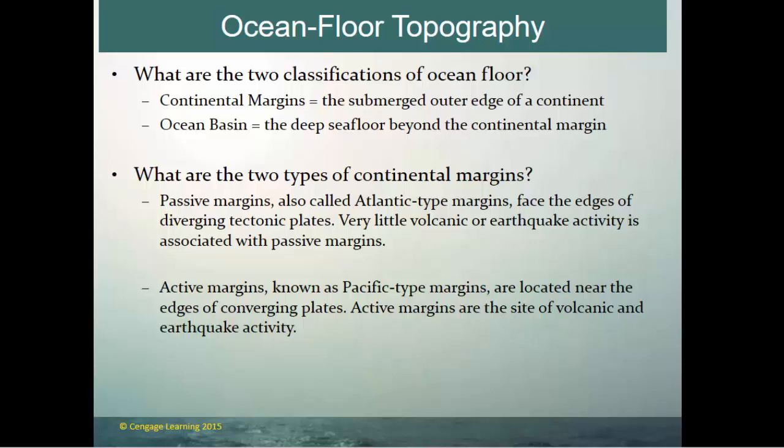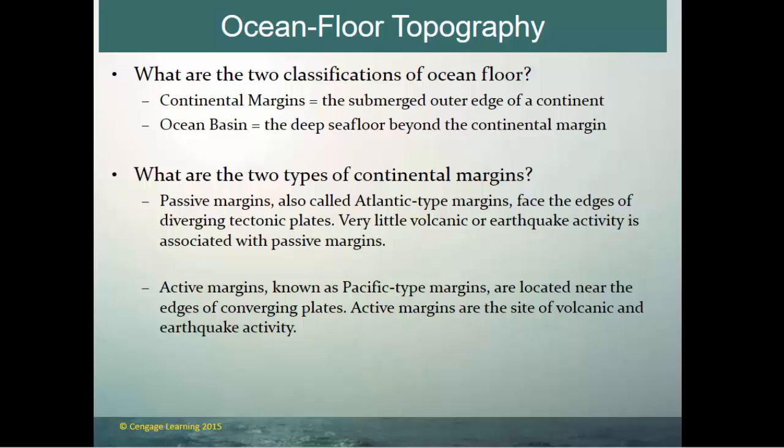So what are the two types of continental margins? What makes up the margin? There are passive margins, called Atlantic type margins, and they face the edges of diverging tectonic plates. The Atlantic coastlines of North America and South America look toward a diverging tectonic plate.